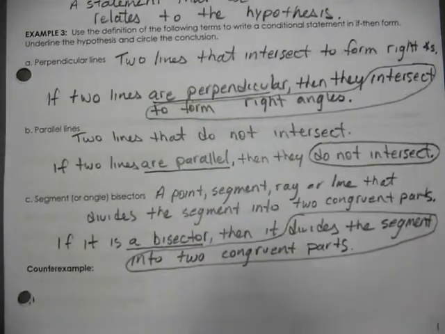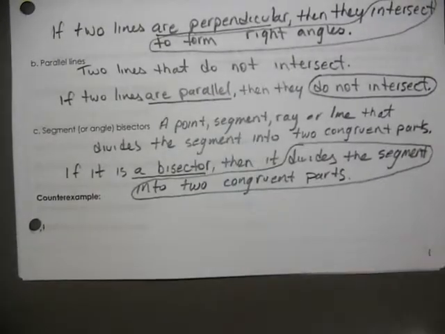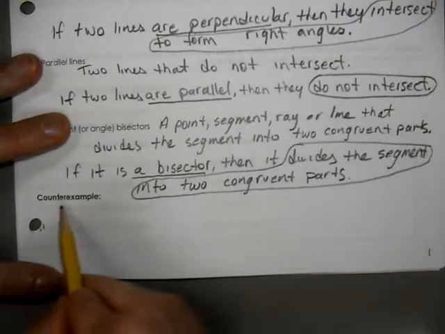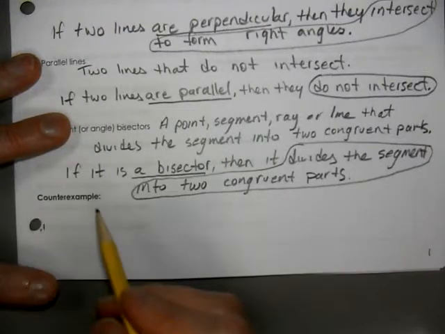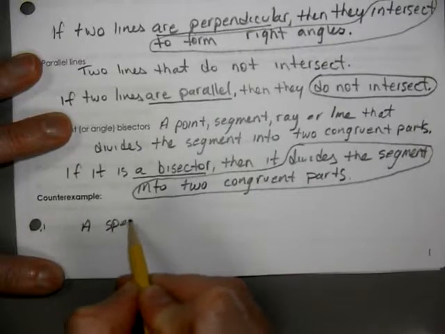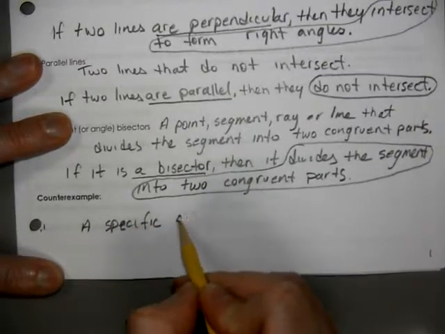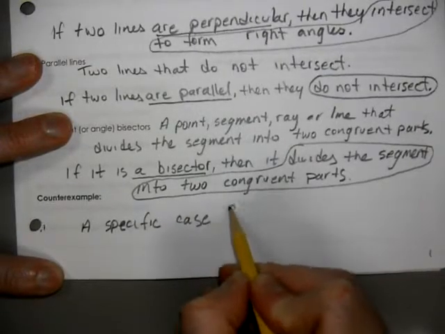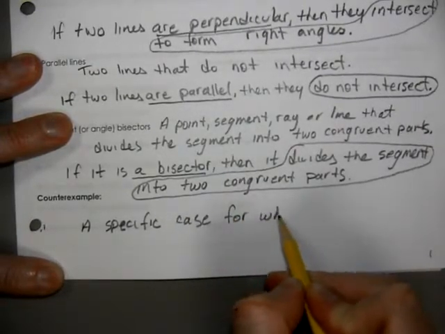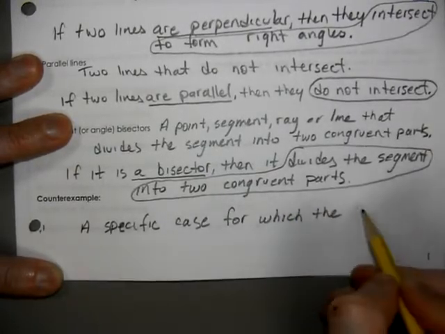When we look at if-then statements, we can often decide if it's a true statement or a false statement. We're looking at how the conclusion relates to the hypothesis. If it's false, we talk about a counterexample, which is a specific case for which the conclusion is false.